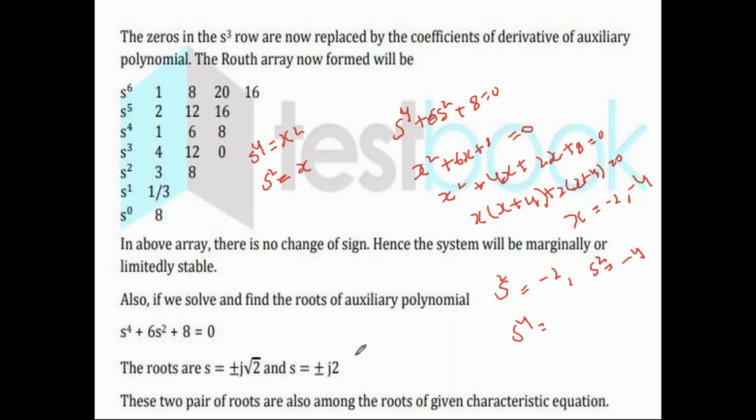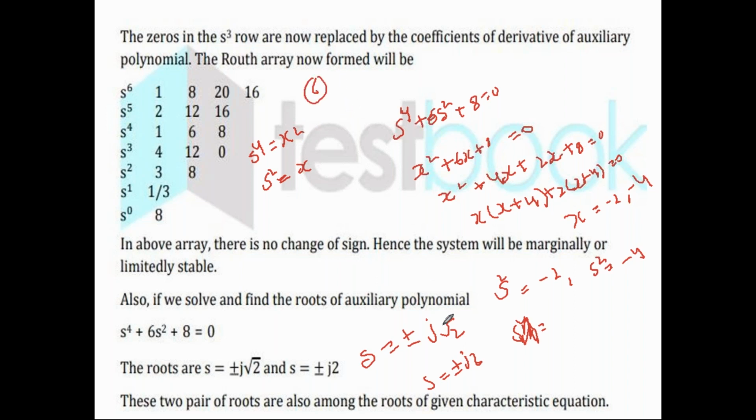Okay na? So you will get s term. If you want to get s terms కావాలంటే s is equals to plus or minus j root 2 అవుతుంది. అలాగే s ఈక్వల్స్ టు ప్లస్ ఆర్ మైనస్ j2 అవుతుంది. సో టోటల్లీ వీ హ్యావ్ ద 4 రూట్స్. ఓకేనా? సో మనం కంప్లీట్ గా ఈ క్యారెక్టరిస్టిక్ ఈక్వేషన్ ప్రకారం 6 రూట్స్ ఉంటాయి.